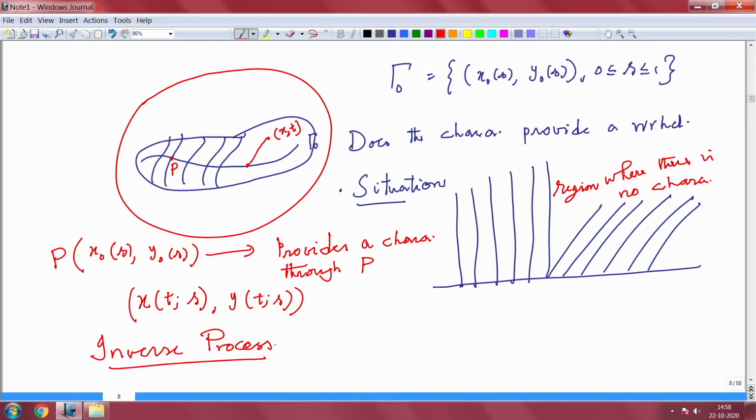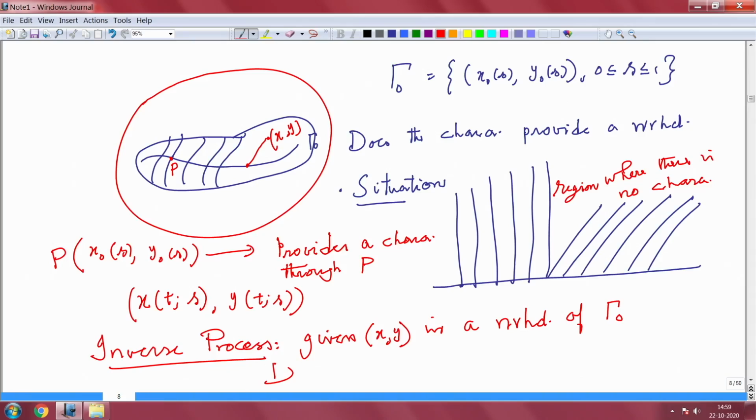In the inverse process, you are given x, y. So you are given an (x, y) there. What I want is a characteristic through (x, y) in a neighborhood of gamma naught.